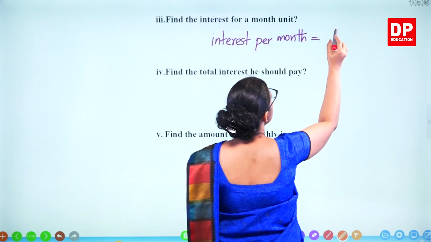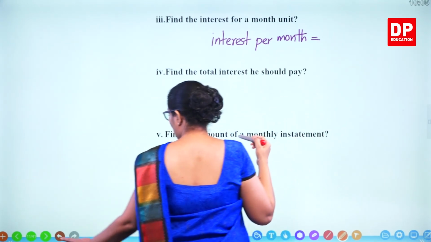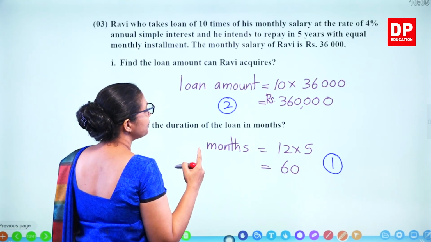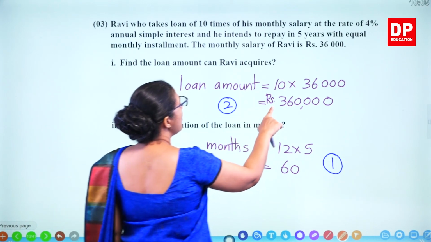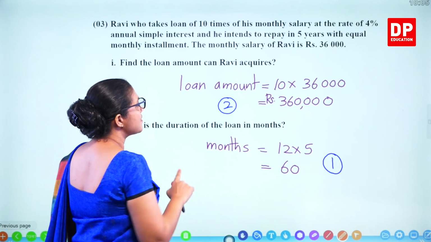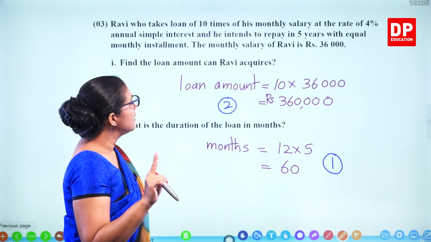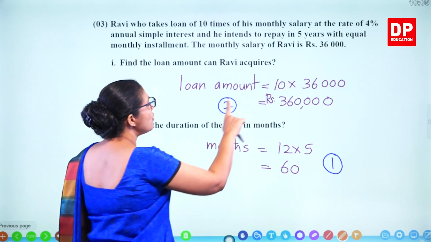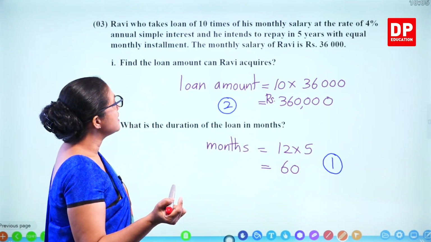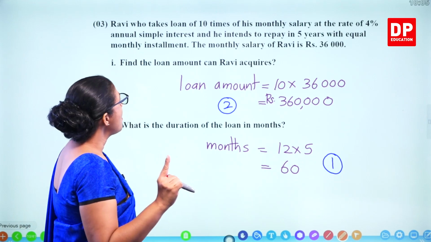So 4% of this value. So here you can divide by 12. So the loan amount is this. And when you divide by 60, you get the amount for 1 month, and 4% from that is the interest per month.